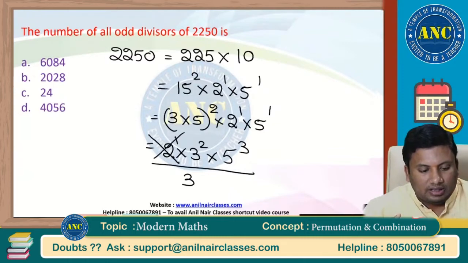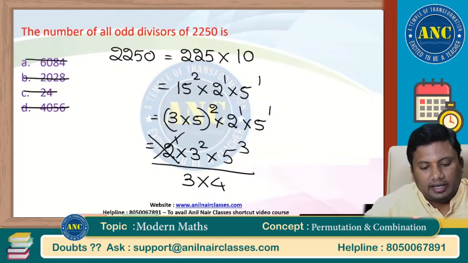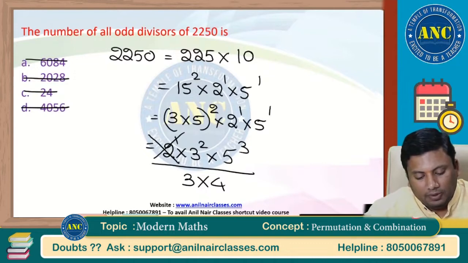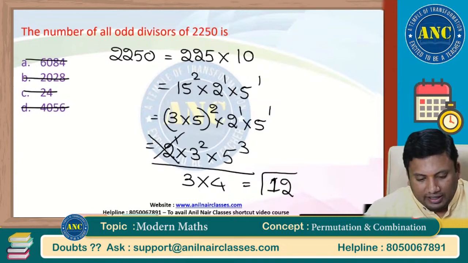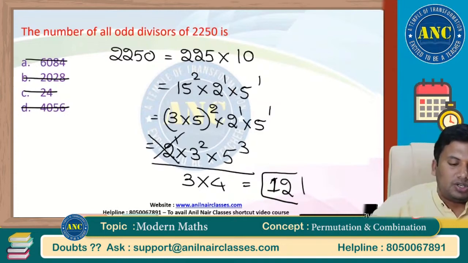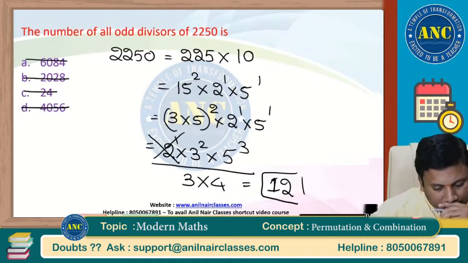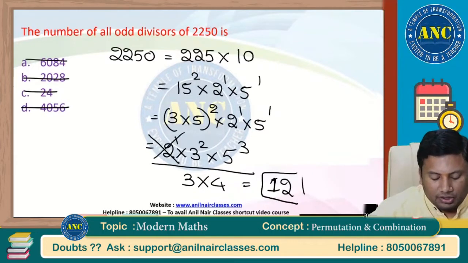So this is nothing but 3 into 4. All the options are incorrect. So 2 power 1 into 3 square into 5 cube gives 3 into 4. Answer is nothing but 12 factors. I hope the idea is clear, right?